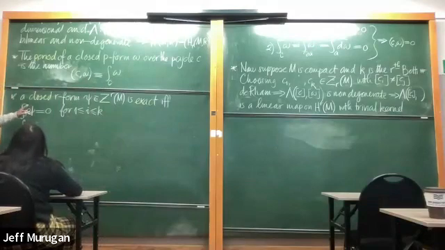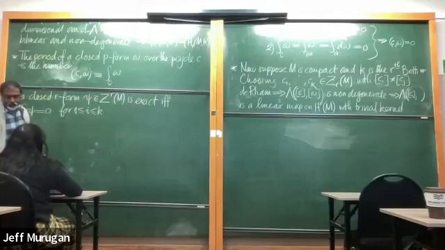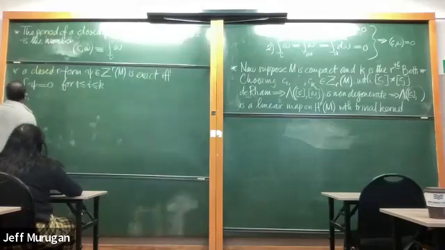If it's non-zero, then I have an obstruction to exactness. But if it is 0 for all of these integrals, then the theorem tells me that this closed form must also be exact. That's consequence number 1 of the theorem.